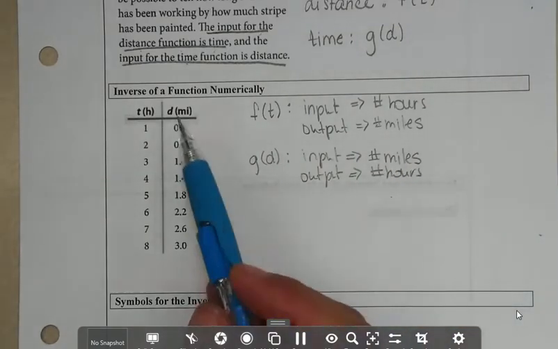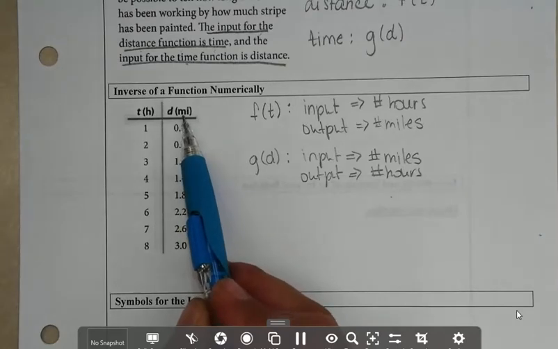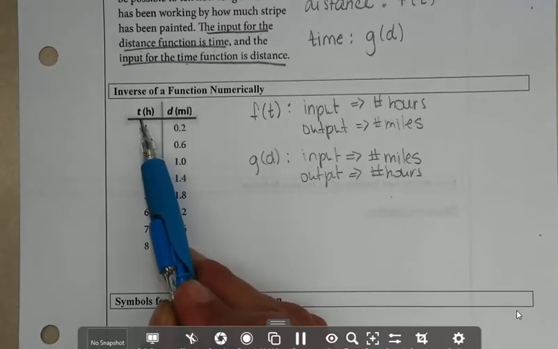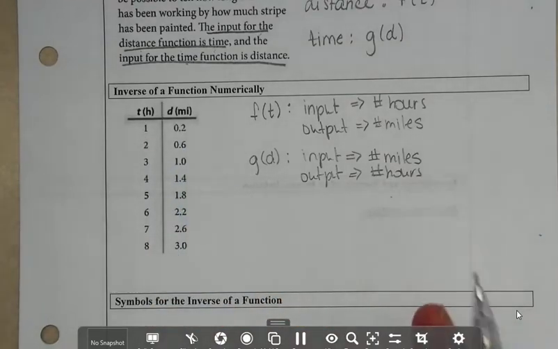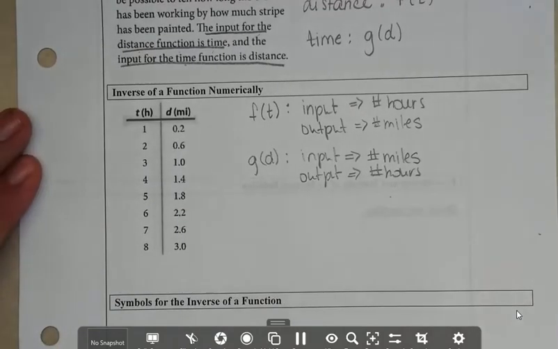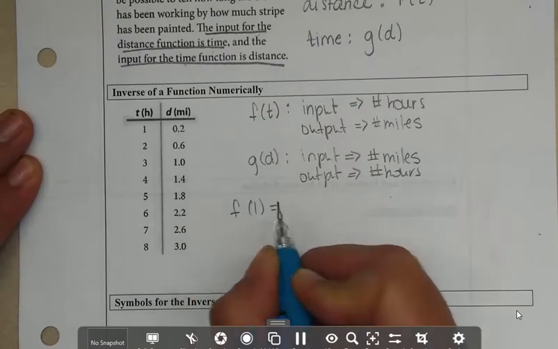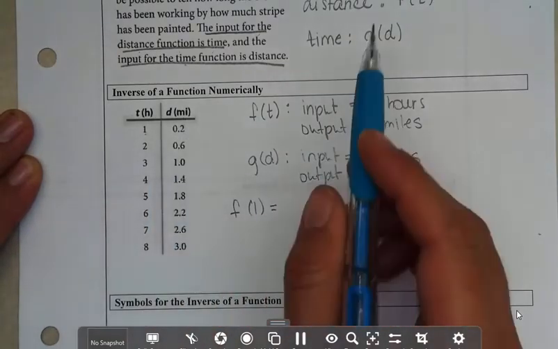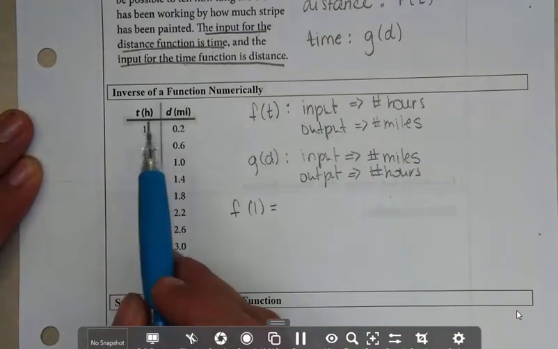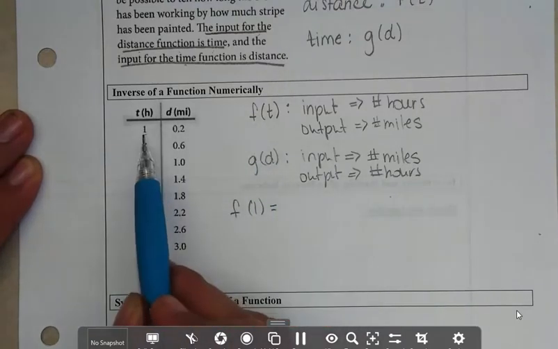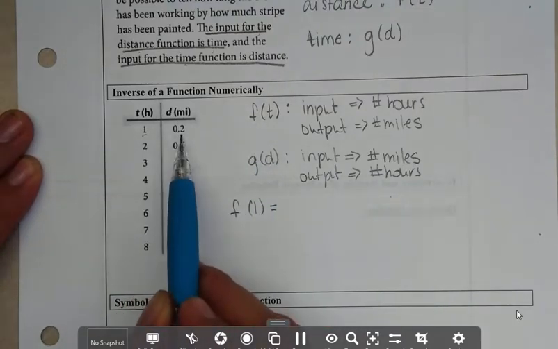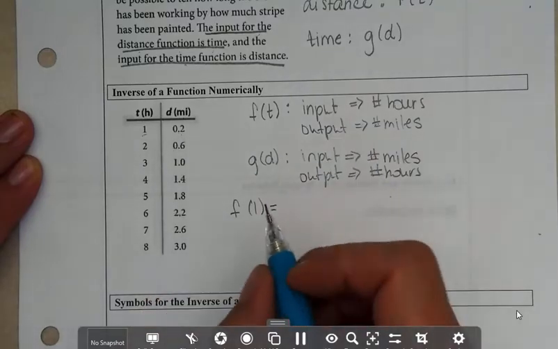So it's interchanged, right? The inputs for the g function are here, outputs are here. That should be really familiar to you. So for example, if I want to find f of 1, well, f of 1, that's my distance function. That's a function of time. Plug 1 in, I get for my output the number of miles, 0.2.